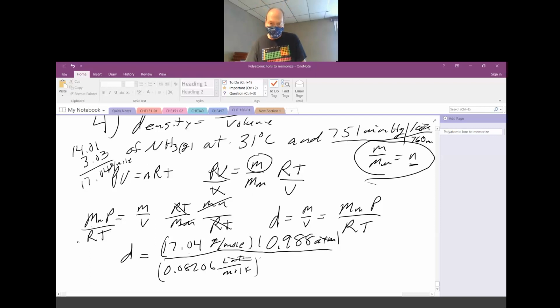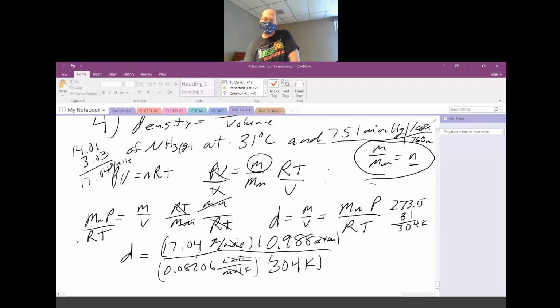All right, and then the mole in the numerator cancels the mole in the denominator. All right, and so again, temperature, that's the reason why most people miss this. And that is the easiest thing to get right, apparently the easiest thing to get wrong too. 273.15 plus 31 is 304, to the correct number of sig figs, Kelvin. And so divided by 304 Kelvin.